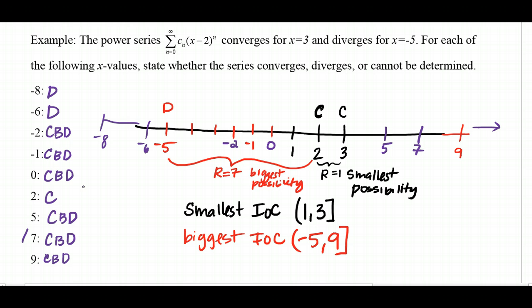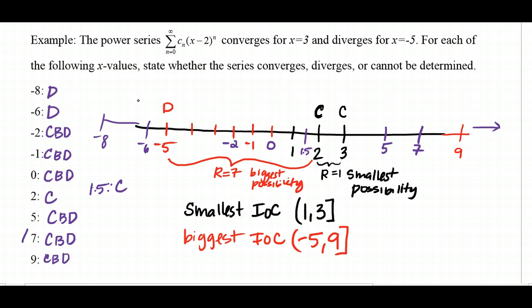So let's go ahead and add a problem here. Let's add, let's say, 1.5. So at 1.5, just to make clear that we're not just talking about whole numbers or integers, 1.5 does fall in the smallest interval of convergence. Everything in this interval has to converge. So 1.5 falls in there, so I could conclude that at 1.5 the power series converges.